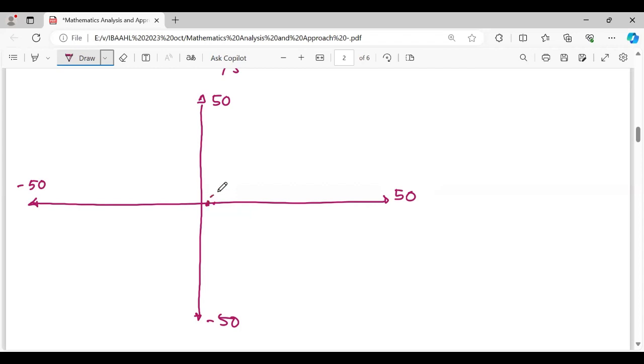For example, this is 2, 0, and this is 12, 0. And after that, we're going to sketch the vertical asymptote.